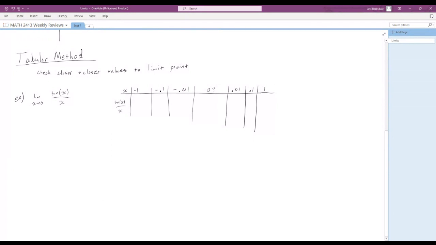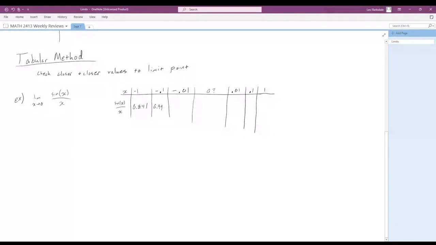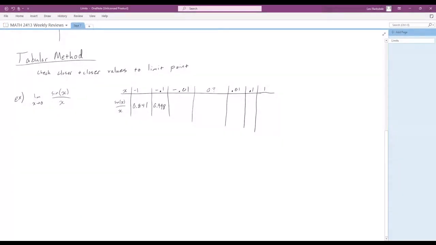So plugging -1 into sine of x divided by x, you get 0.841. I know because I did this beforehand. For -0.1, you get 0.998. And then for -0.01, you get 0.99998.